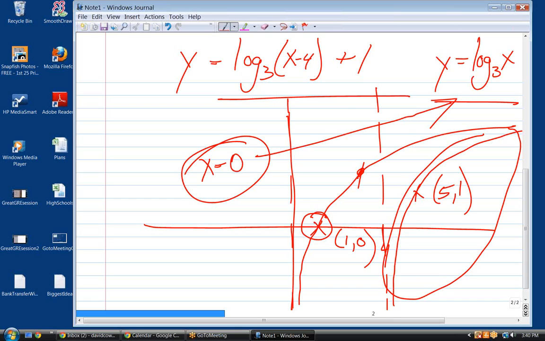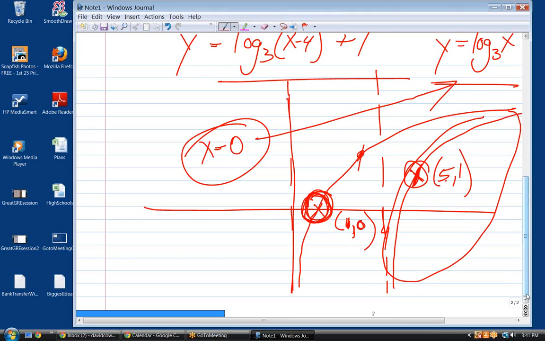And that's the key. The only real point we knew on the elementary function was 1, 0. So we merely have to take that point and shift it 4 to the right and up 1. So we know that 5, 1 is on our new curve. That's approximately there. All right. Okay.